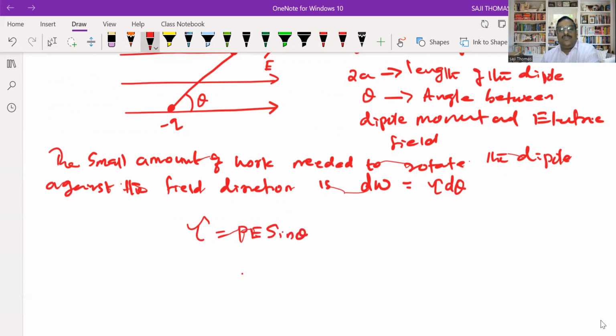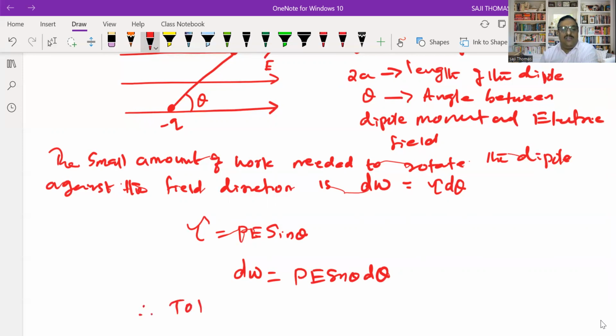So what is the equation for work done? dW equals P sine theta d theta. So this is a small amount of work done to produce a small angular displacement. Now, how will you calculate the total work done? You have to integrate this. Always for finding total work done, you integrate it.